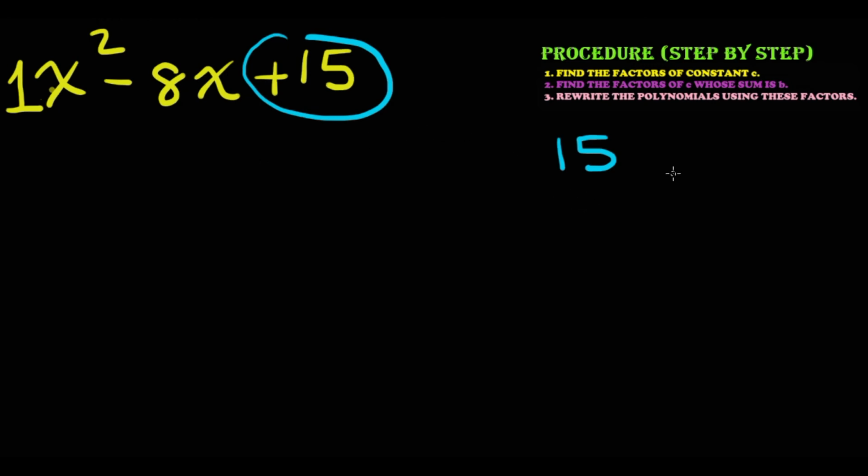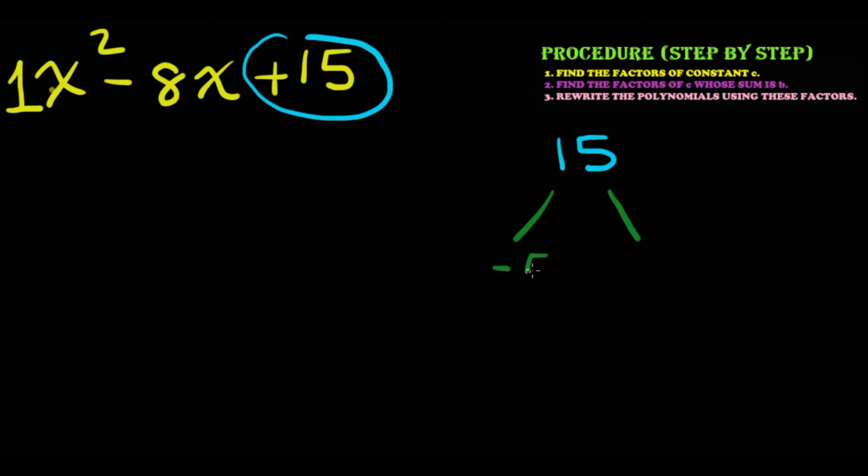15. We can go 15 and 1. That's not going to work because it's not close to negative 8. So 15 and 1 is not going to be good. How about 5 and 3? We'll go 5 plus 3. That's going to give you positive 8.